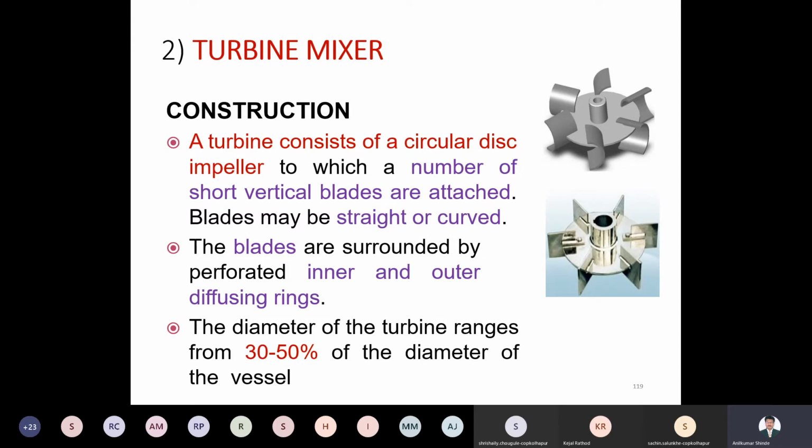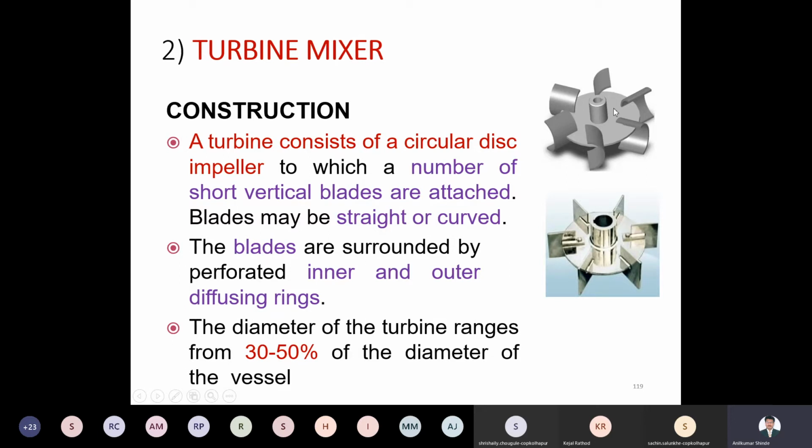The turbine mixer's construction consists of a circular disc impeller. These are totally circular, and the circular disc has a number of short vertical blades attached. These are the different blades attached at the side of the disc.